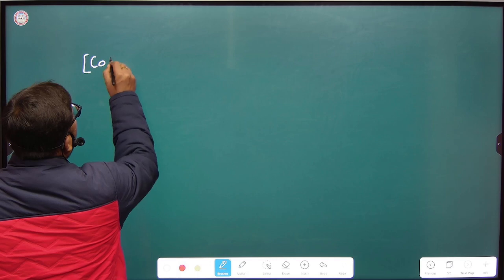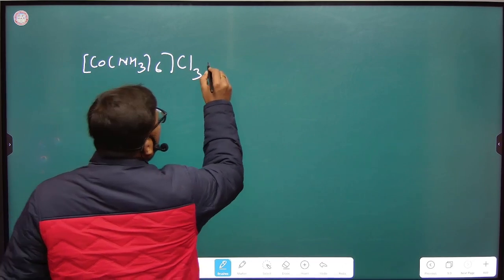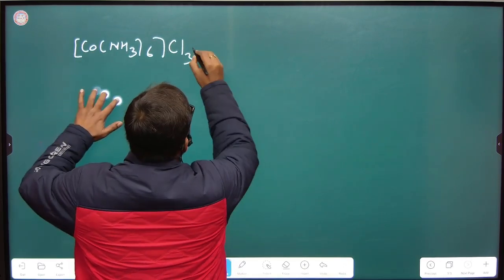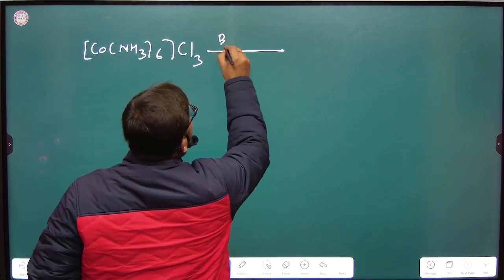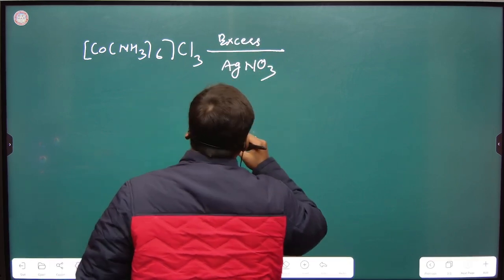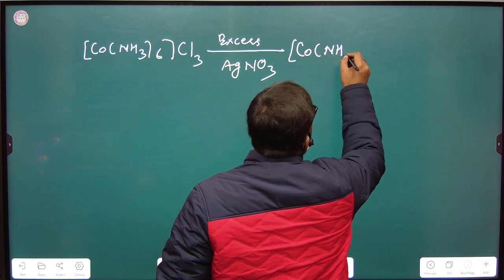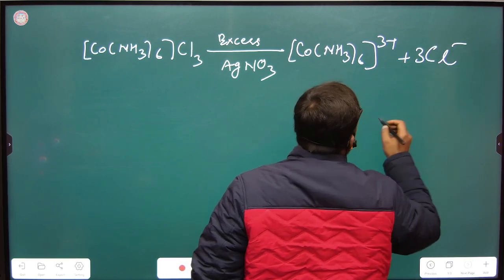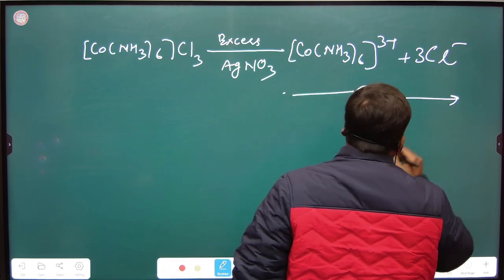Once this [Co(NH3)6]Cl3 was treated with excess AgNO3, he got [Co(NH3)6]3+ and 3Cl−. Here the total number of ions is 4.